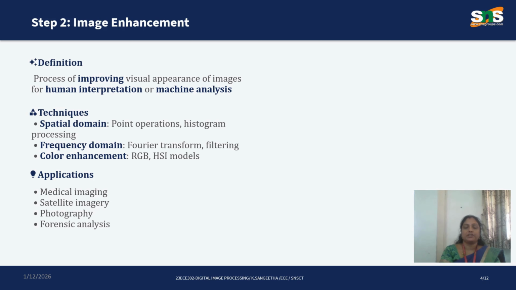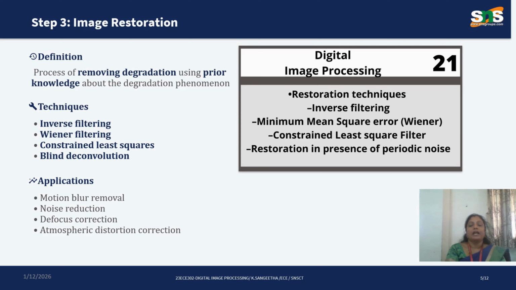There are many applications, as I told already: medical imaging, satellite imagery and photography, forensic analysis, and security and surveillance are the main applications of digital image processing. And image restoration. Image restoration means we restore the image from the degraded one.